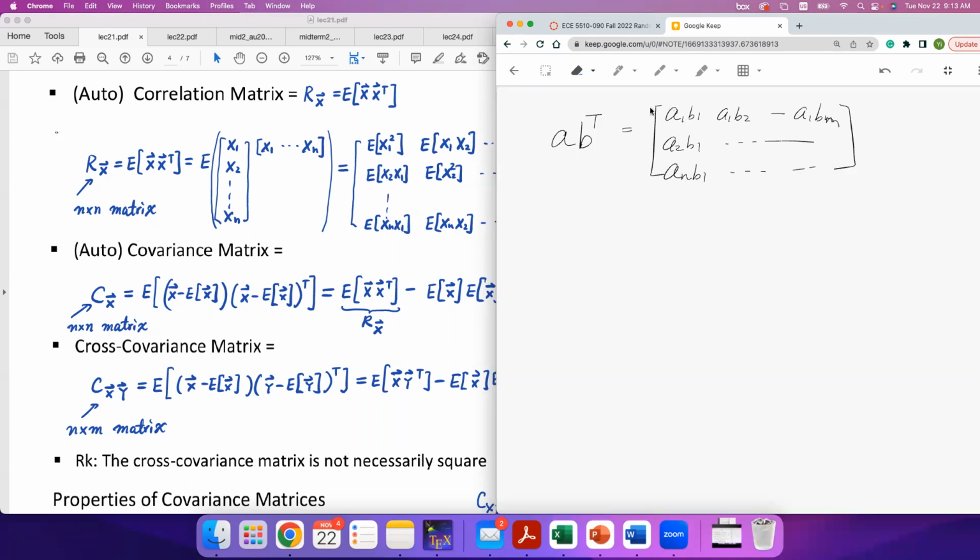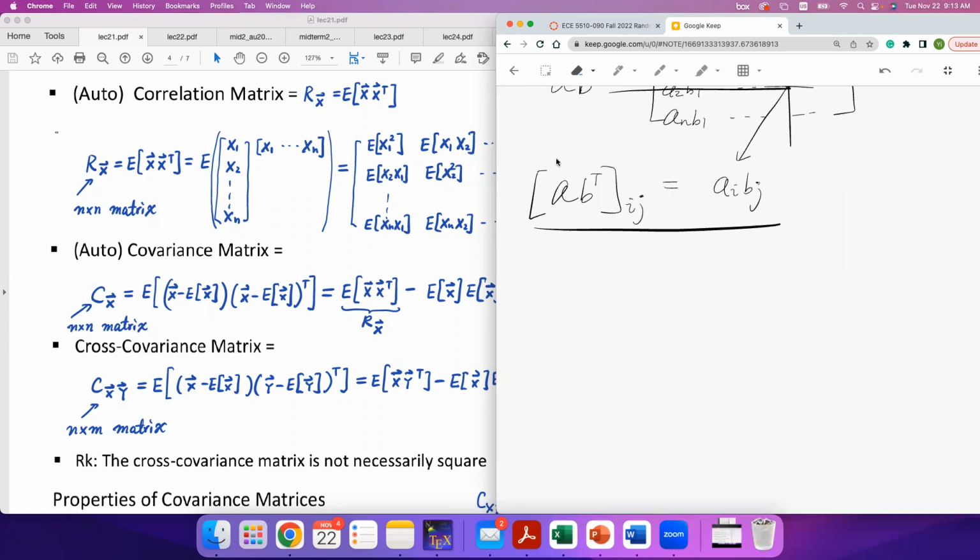Now, the way to understand this matrix is, if I look at the ij entry of this matrix, meaning the ith row, jth column, it is basically ai times bj.